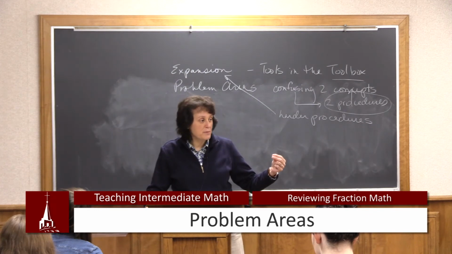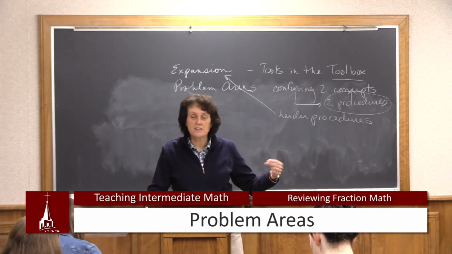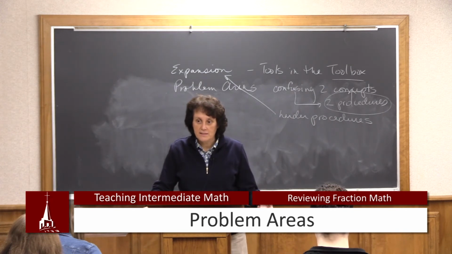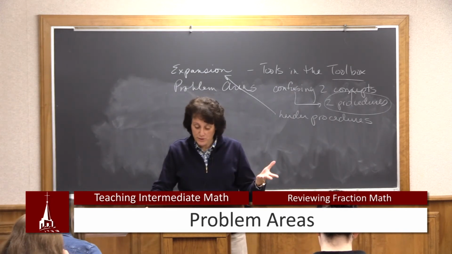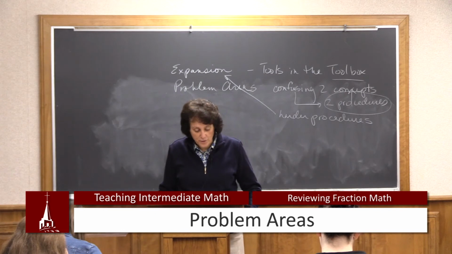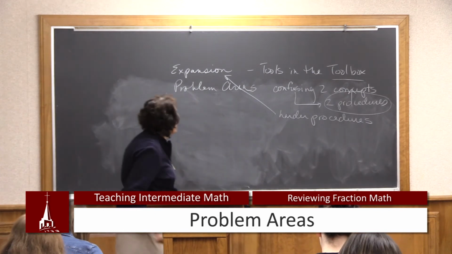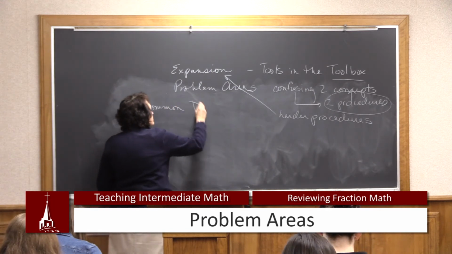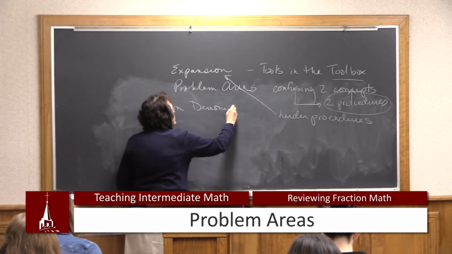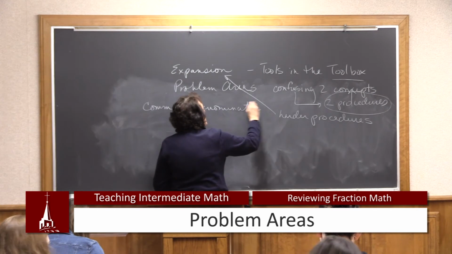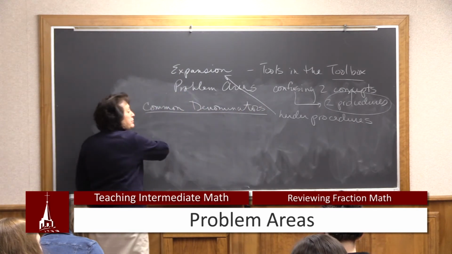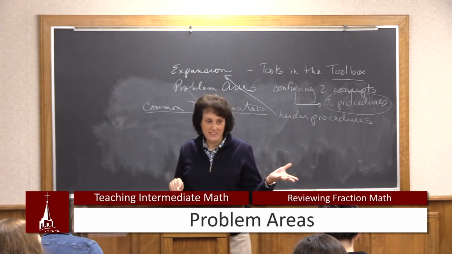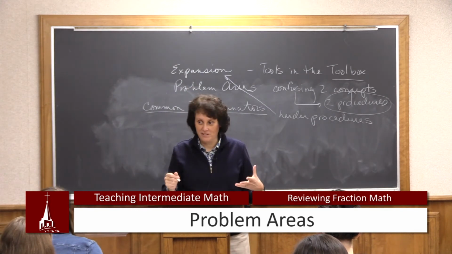But sometimes we have problem areas that are just the result of silly mistakes, and that is maybe due to lacking facts and so forth. So with common denominators, in our fraction review, the biggest thing that people don't like about fraction math is not multiplication and division. We like cross-canceling, don't we?